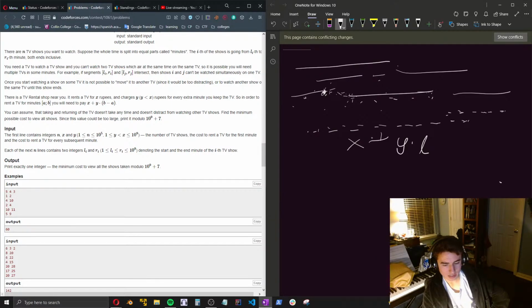The cost is the distance between where it connects to y times d minus x, because when you connect them, then you're using 1 less x, but you're adding the distance for that. And each endpoint of one interval can only connect to the endpoint of one other interval, right? Because you're only having one TV that is being watched by.